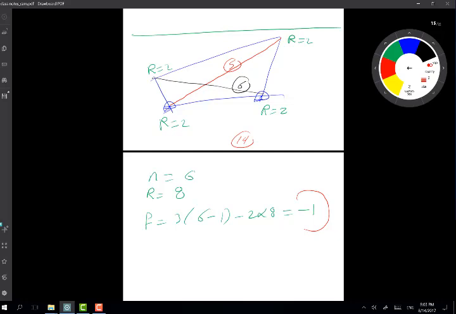Now, an engineer who is going to design and manufacture something like that needs to think about the -1 figure we got for the degrees of freedom in the following fashion. Think about the linkage again.